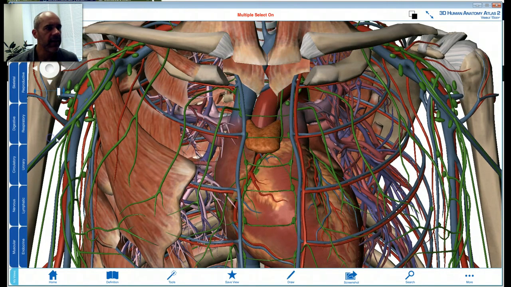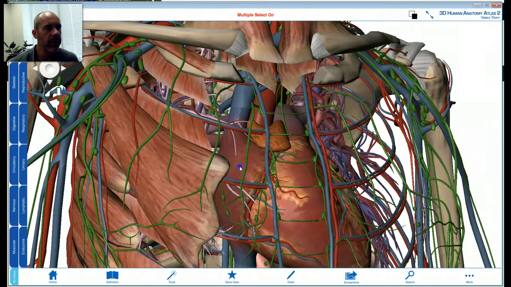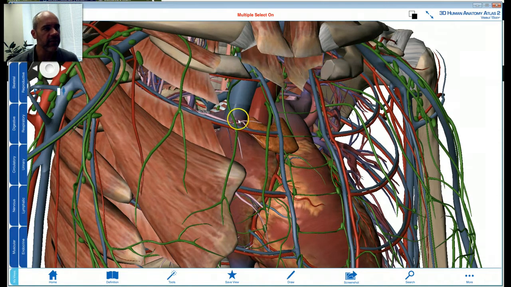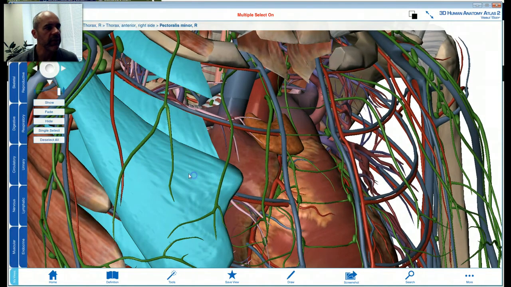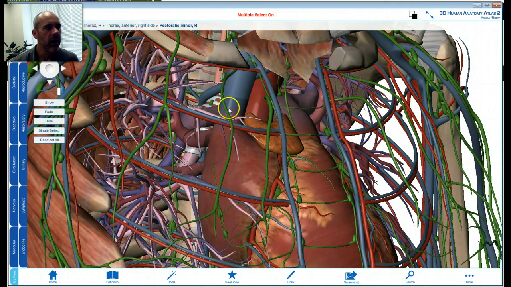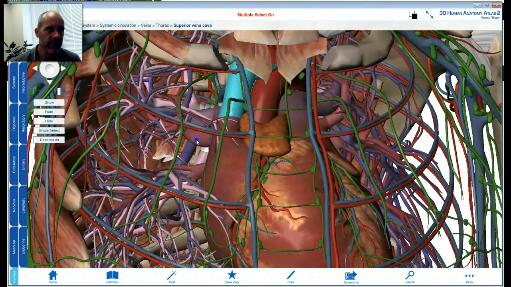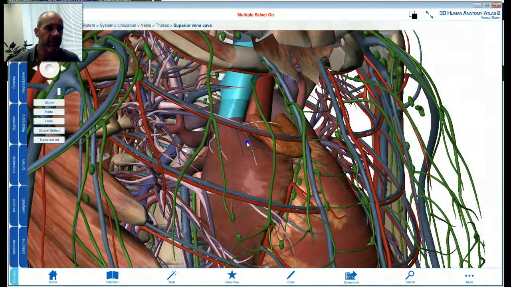Let me deselect that one, and then let me draw your attention to a couple of big blue blood vessels here. We'll strip off some more of these muscles. Right there, highlighted in light blue, that is your superior vena cava. That is a major vein. It is bringing deoxygenated blood back from your tissues to the heart so that the heart can pump that out to the lungs where it can pick up oxygen again.